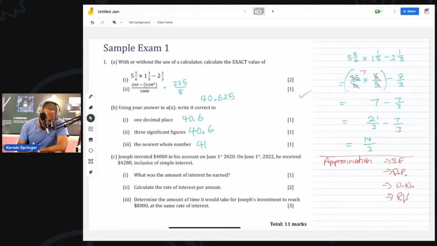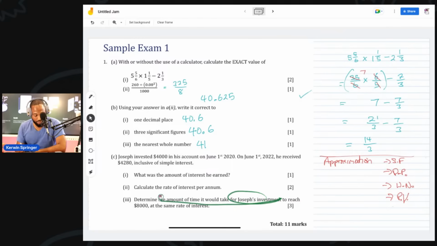Determine the amount of time it would take for Joseph's investment to reach 8,000 at the same interest. I thought that was the highlighter, so I just scratched up my whole thing. So at the same interest, we want to determine the time. We're going to apply the time formula here.